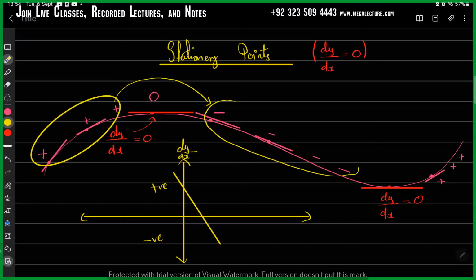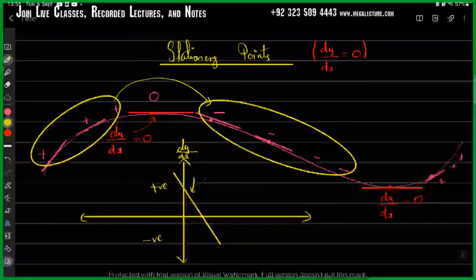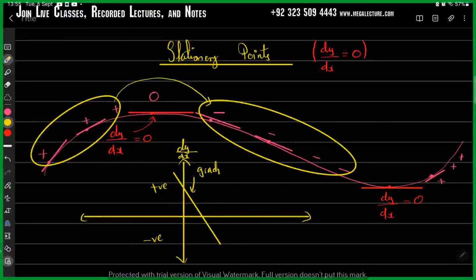So just by following this trend, I made a line that's going from positive dy by dx to negative dy by dx. And now if I try finding out the gradient of this line, what is the gradient going to be? It's going to be negative, right? The gradient is going to be negative.